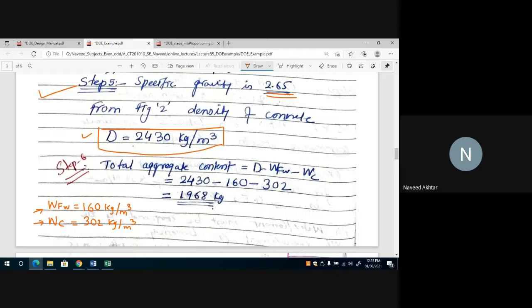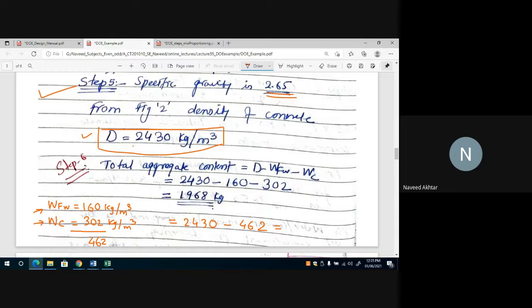the weight density of concrete is 2430. So when we deduct, if you add these two, that is 462, I will write down 2430 minus the weight of water and weight of cement combined, it is 462, and you will get the weight of aggregate.